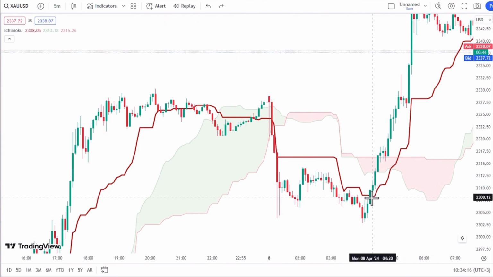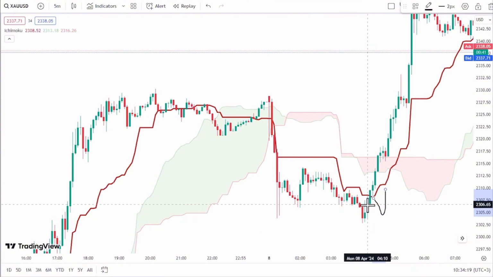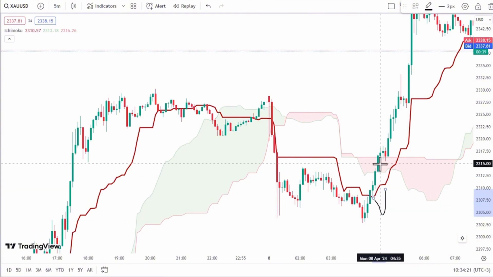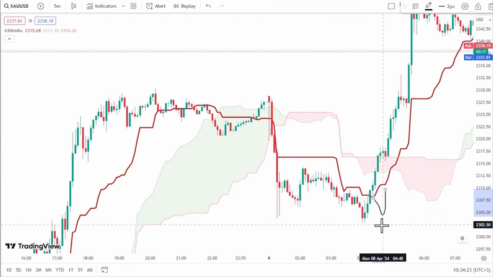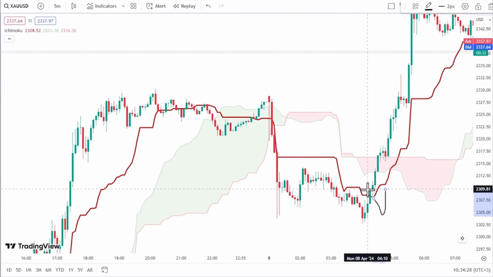But if the Kijun-sen itself had a movement like this, and the cross that occurred was with high momentum, upwards, and here the momentum of the Kijun-sen was downwards, we could have taken a very good position.